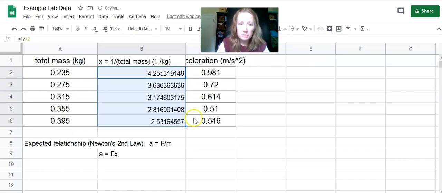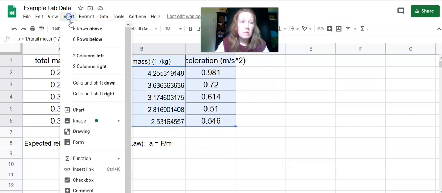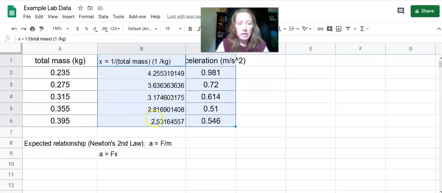Copy that down. These numbers, instead of getting larger and larger, should be getting smaller and smaller, okay, because they're reciprocals. And then let's plot that. So I'm going to insert my new scatter plot.